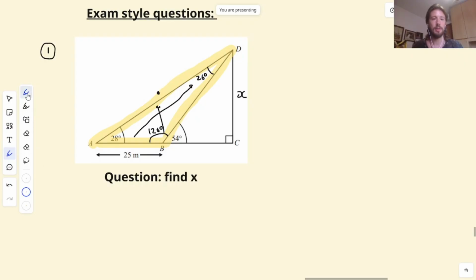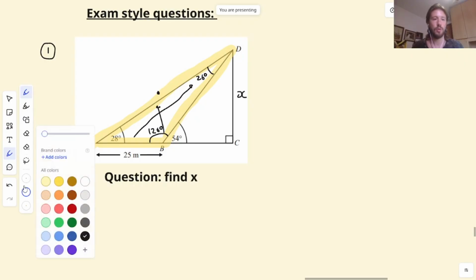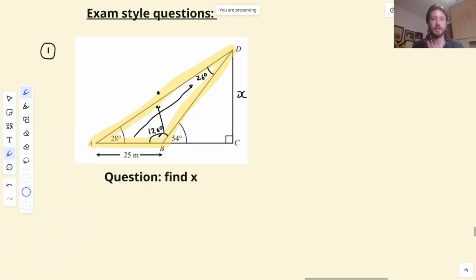So, labeling those sides according to our sine rule, let's say this is side A, and that would be angle A. This is side B, and that would be angle B. And so sine A over A equals sine B over B.